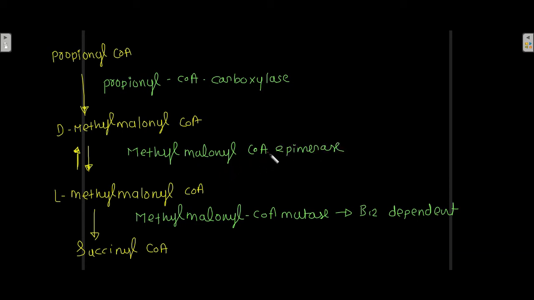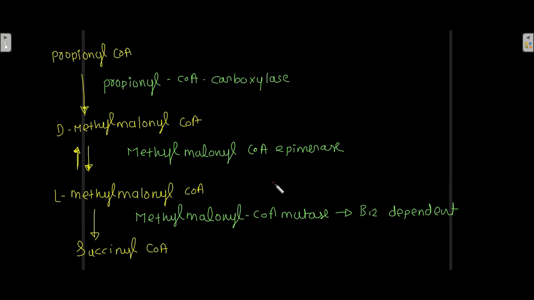Then this L-methylmalonyl coenzyme A undergoes intramolecular rearrangement to form succinyl coenzyme A, and this reaction is catalyzed by methylmalonyl coenzyme A mutase, which is B12 dependent. So this is how the oxidation of fatty acids with an odd number of carbons takes place.